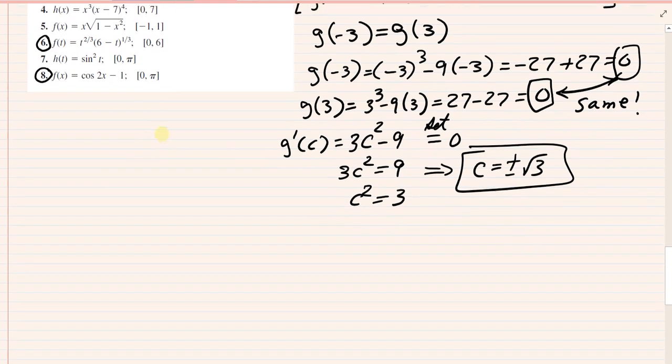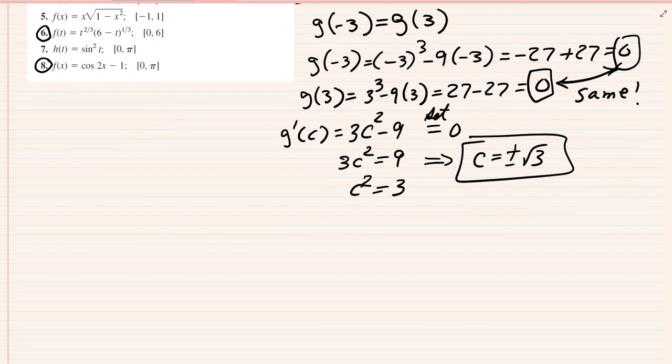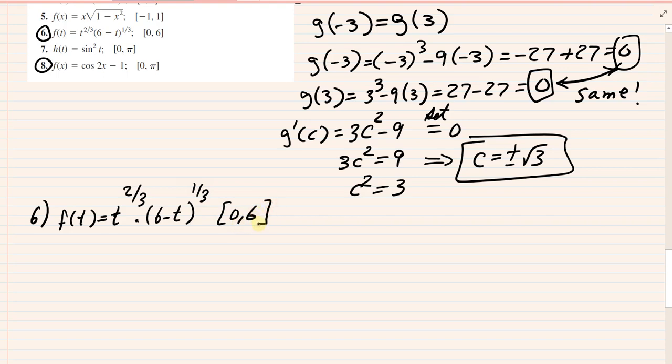Okay, let's take a look at exercise number 6. In exercise number 6, the function is f of t equals t to the 2/3 times 6 minus t to the 1/3, from 0 to 6.